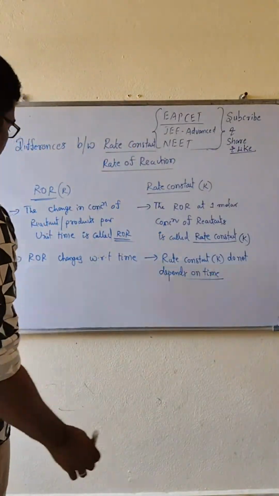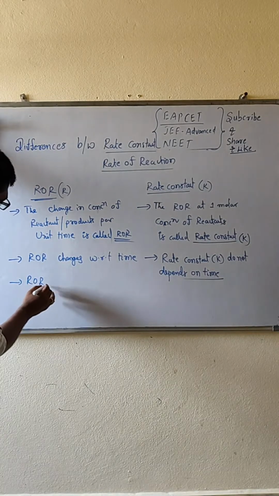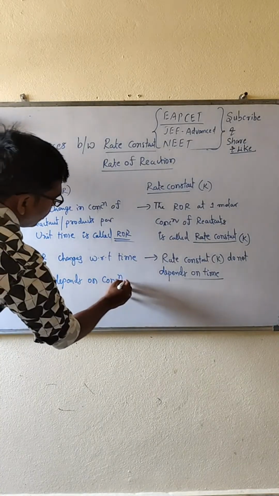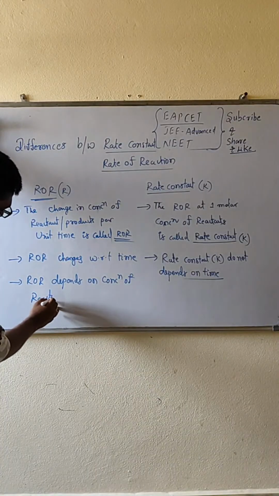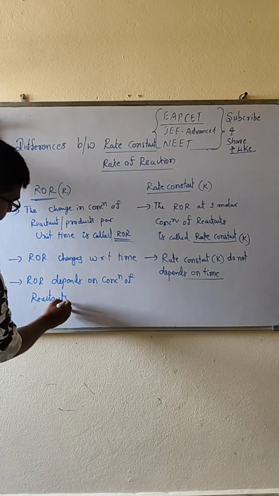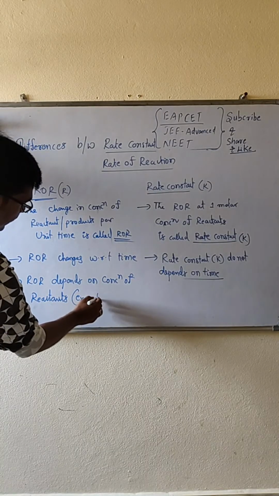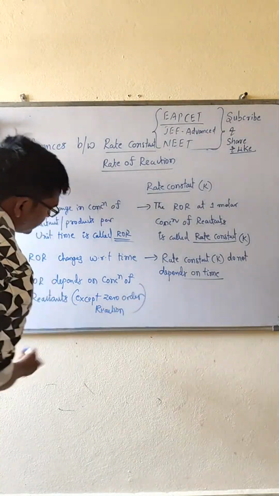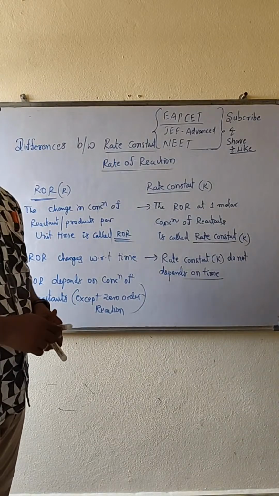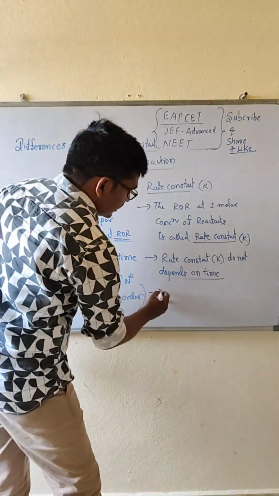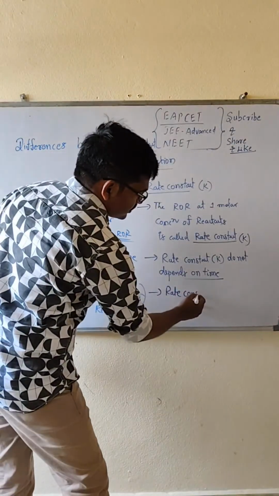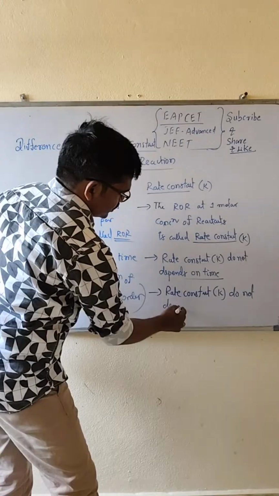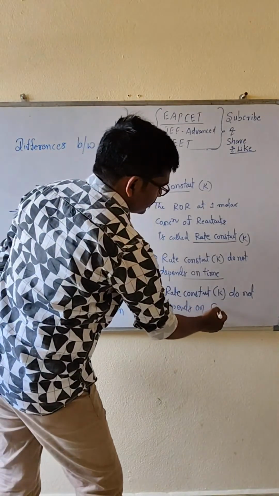Remember, my dear students. Then the rate of reaction depends upon the concentration of reactants, except for zero order reactions. Apart from zero order reactions, the rate of reaction depends on concentration for all other reactions. But in this case, the rate constant does not depend on concentration.